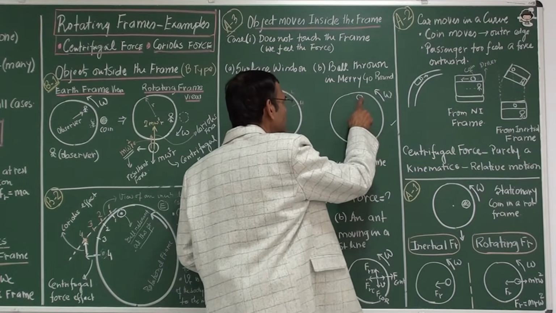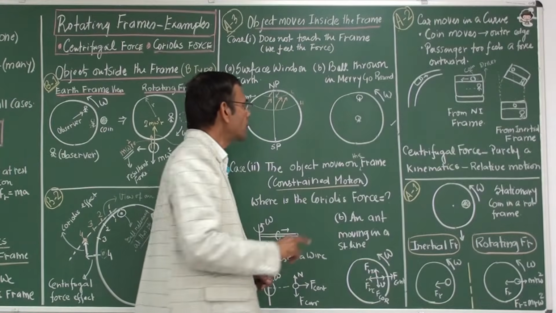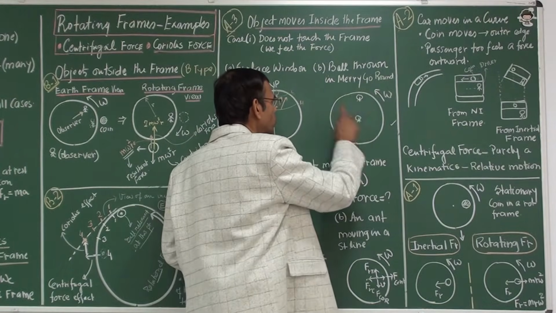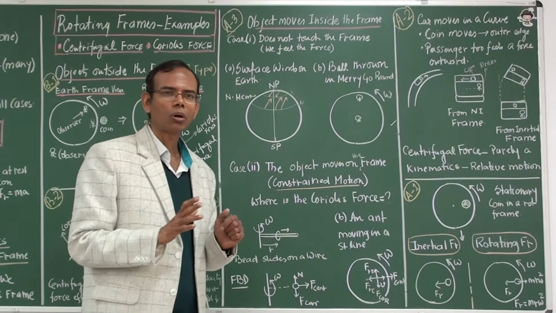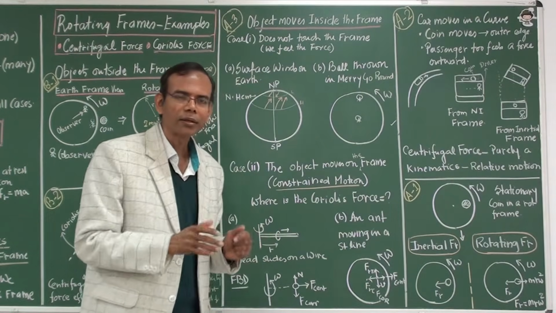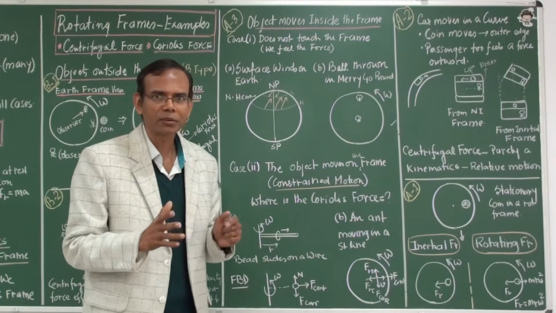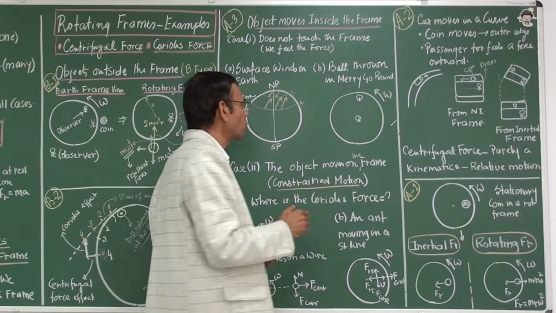One is standing at the circumference and the other is standing at the center. This person throws a ball onto him. How will the ball go? Or how will this particular man see the direction of the ball, the trajectory of the ball? Or will he be able to catch the ball?